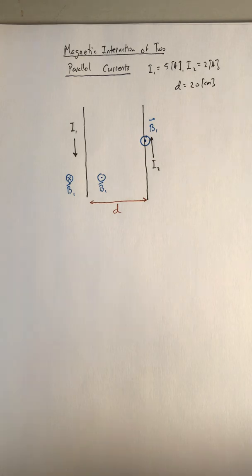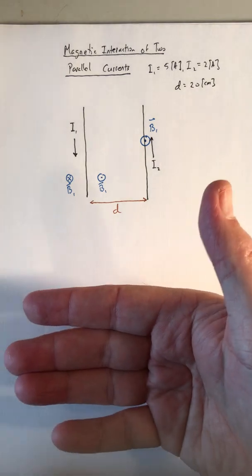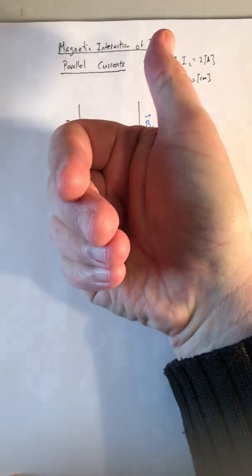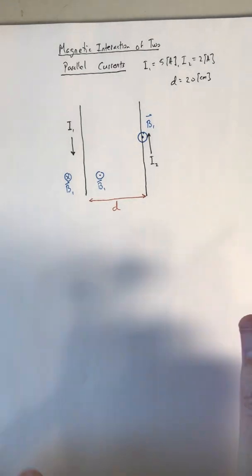Now let's do the same for current 2. Current 2 is going to make a magnetic field that to the left is coming out, and to the right is going into the plane of the page.